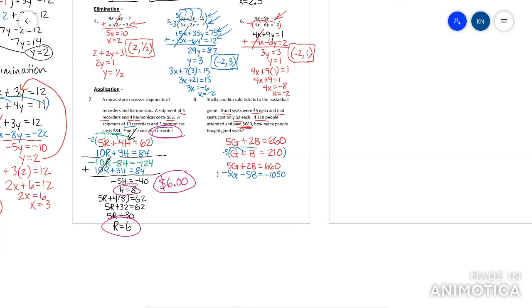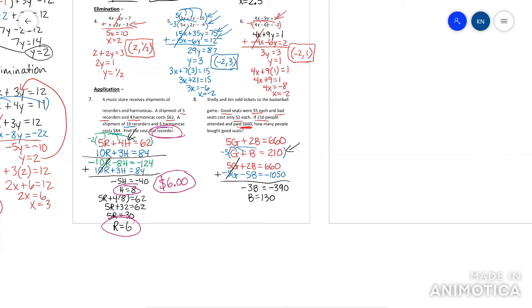Add these equations together. The g's cancel. So you get negative 3b equals, what is that, negative 390? Yeah. Divide by negative 3. Now I know the bad seats had 130. So go back to either equation.